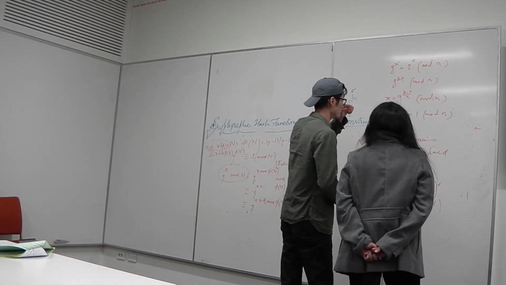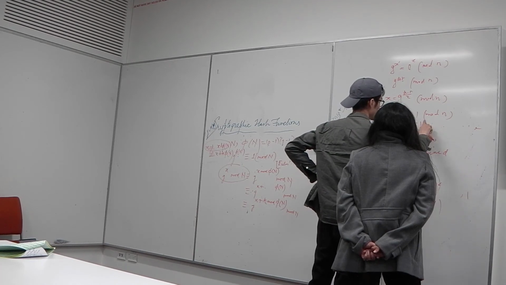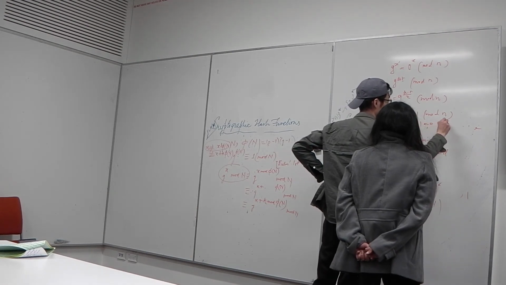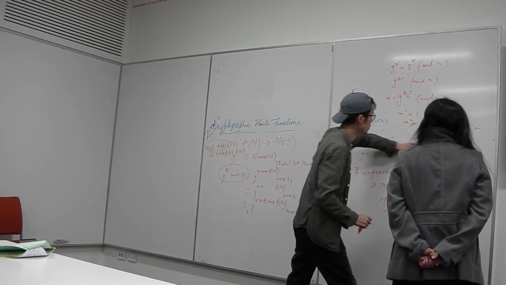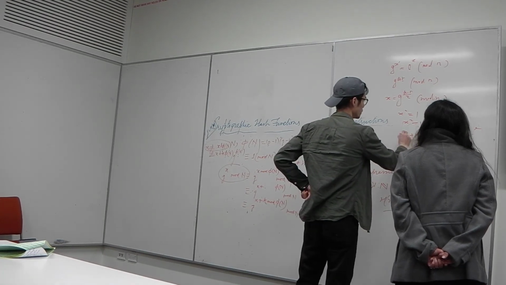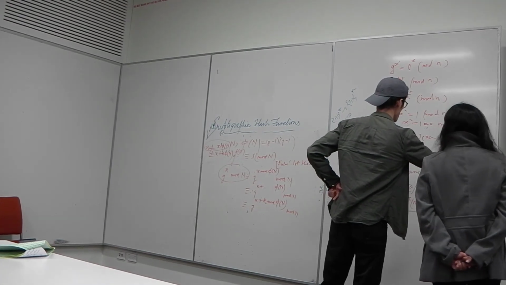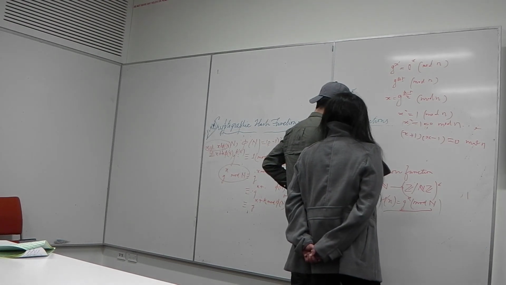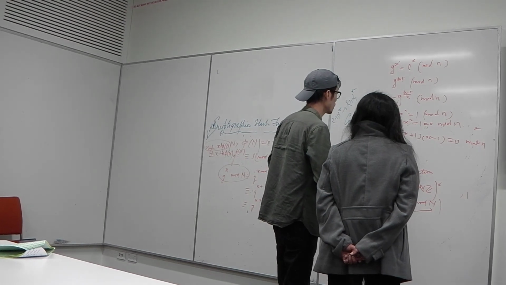And then you got x squared minus 1 equals 0 mod n. And then x plus 1 times x minus 1 equals 0 mod n.